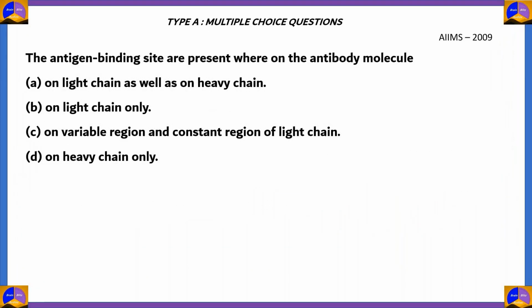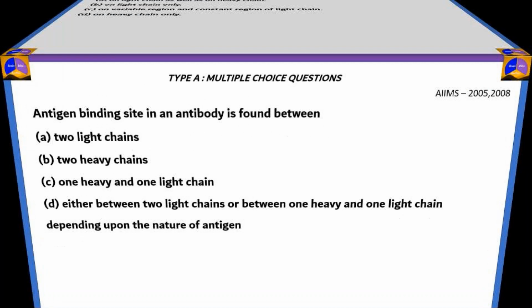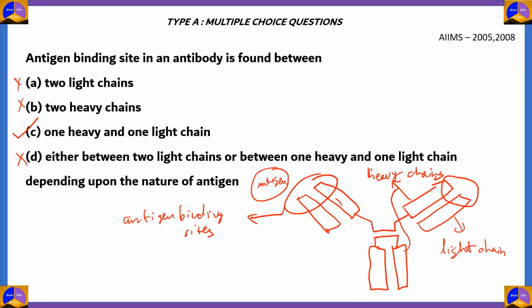Now, this question, the antigen binding site are present where on the antibody molecule? Again, it's the same question repeated. So we can write option A, on light chain as well as on heavy chain, as the answer. Because if you look at our previous diagram, we see that there is a heavy chain here, there's a light chain here, and the antigen binding site is between them.